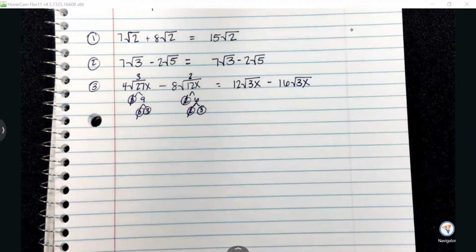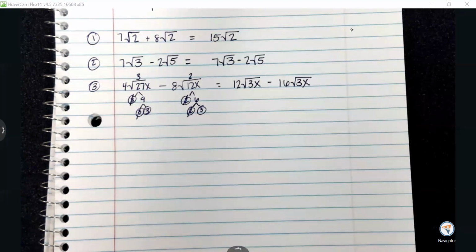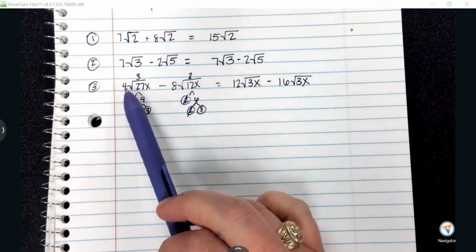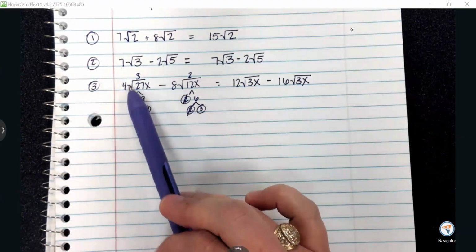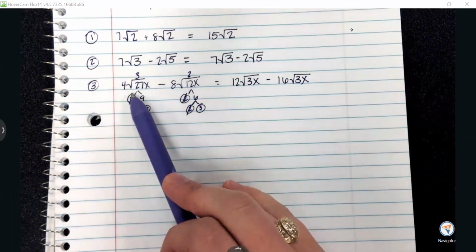Caleb. No, Caleb. Yes. The number at the beginning is an outside number, so I can't do that with it. Because that's not my index, that's the number in front, right? So this is just a square root, and I'm looking for groups of 2.